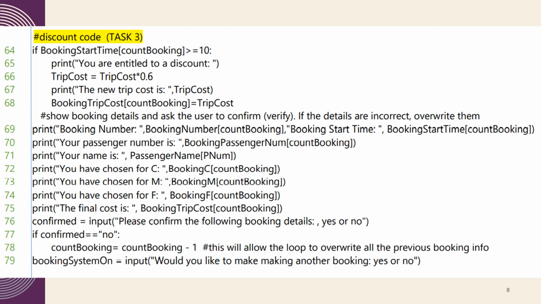So what that will do is overwrite everything we just wrote because the user did not verify that it was correct. So we're going to delete all that booking and all that array, and we're going to create a new booking. And finally, the last line of this pre-release is booking system on equals input: would you like to make another booking, yes or no? So if they say yes, that entire while loop, which started on line 20 or 21, will repeat again. Otherwise, the program will halt. So that's the whole pre-release program.